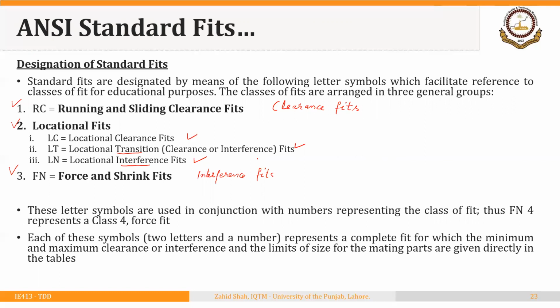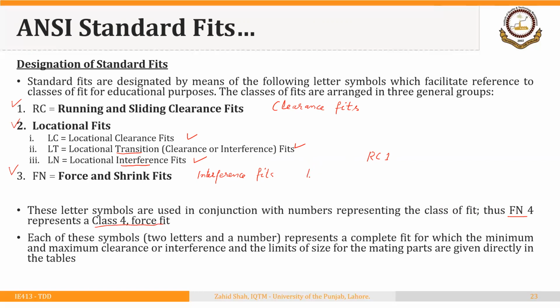So we need an alphanumeric designation to designate these fits. For example, RC1 means this is an RC fit, running and sliding clearance fit, and class 1 of RC fits. Similarly, FN4 represents class 4 force and shrink fit.